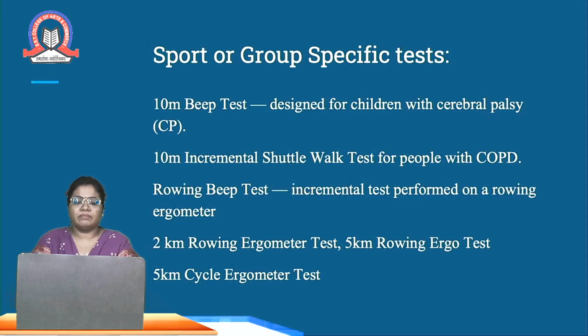The 10-meter incremental shuttle walk test is for people with COPD. Rowing beep test, an incremental test performed on a rowing ergometer. 2 km rowing ergometer test, 5 km rowing ergo test, 5 km cycle ergometer test. These are sports-related tests of cardiovascular endurance also.